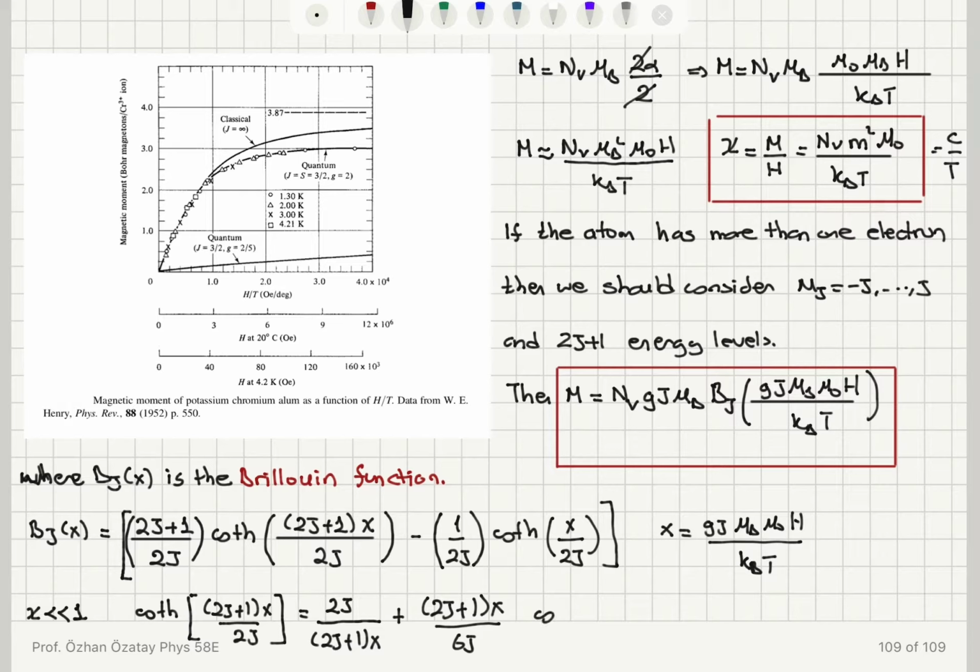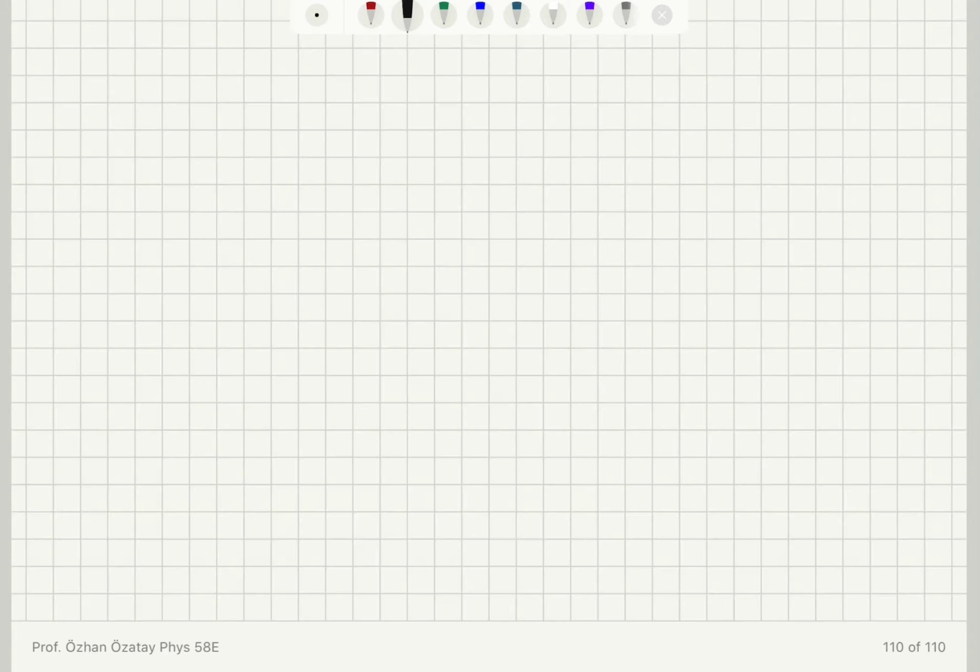And for coth of x/(2J), I'm going to write 2J/x plus x/(6J). Okay, so with this we can find what happens to the Brillouin function.